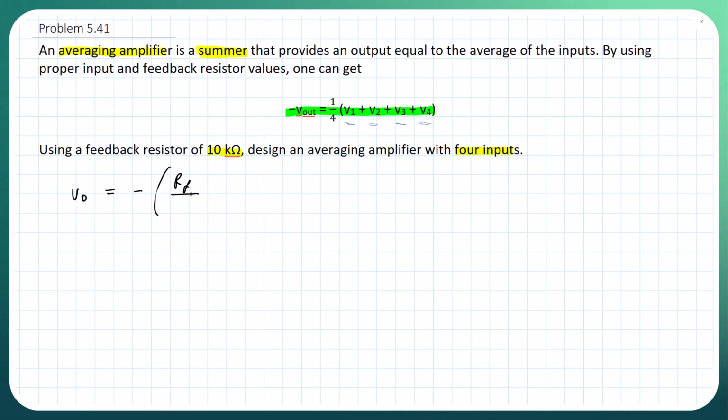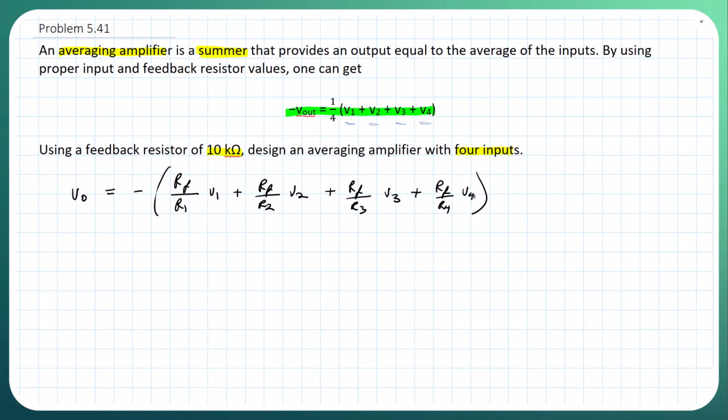It's going to be RF over R1 times V1 plus RF over R2 times V2 plus RF over R3 times V3, and finally our last input, RF over R4 times V4. Okay, so all that should equal V output.